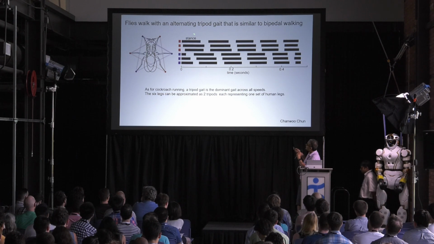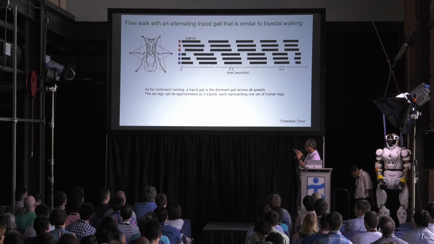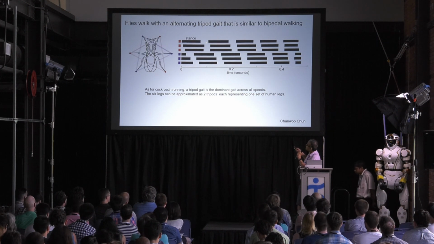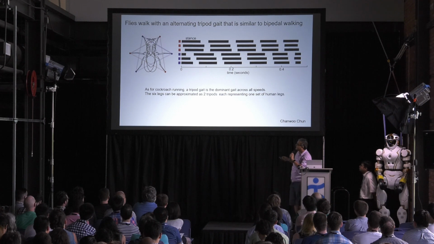These tripods alternate from one side to the next. As you can see, this gait essentially looks like a bipedal gait if you think of the three legs as a single leg of a biped.